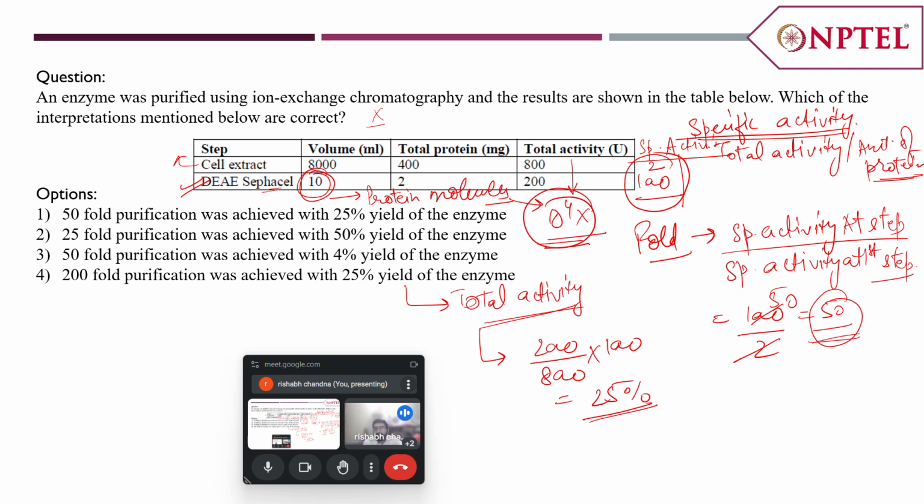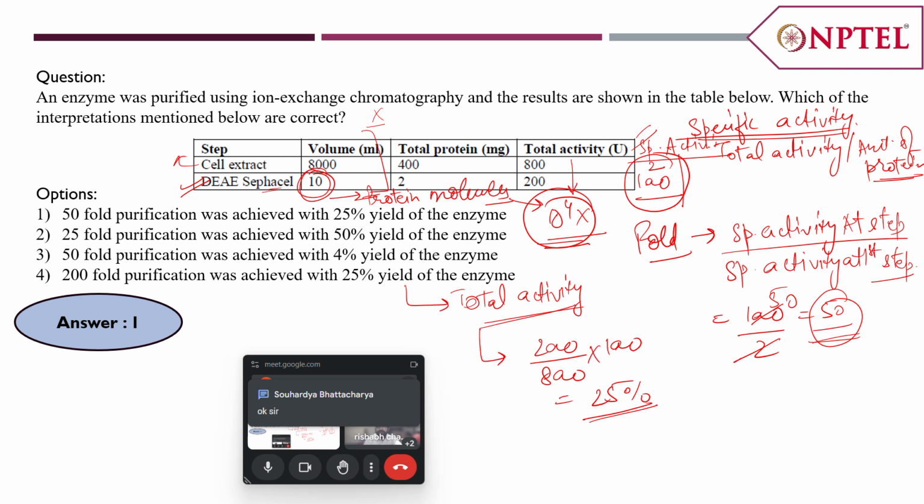The volume doesn't matter at all. What matters is the specific activity of that particular enzyme, because we are purifying the enzyme from a cell extract. Here the volume doesn't play any role. So the correct answer is option number 1.